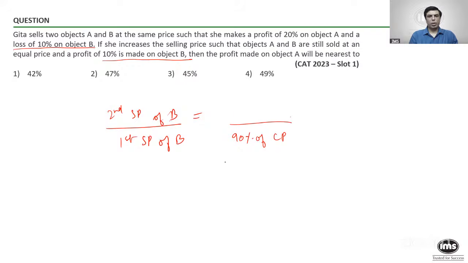Now, second case, it is being sold at 10% profit. 10% profit means it is being sold at 110% of cost price, right? Because the cost price is the same, this is going to get cancelled. So basically we can see that the ratio of selling price of B in the two cases is 11/9.